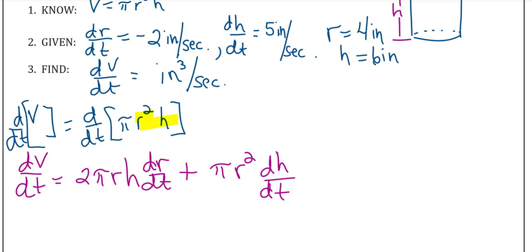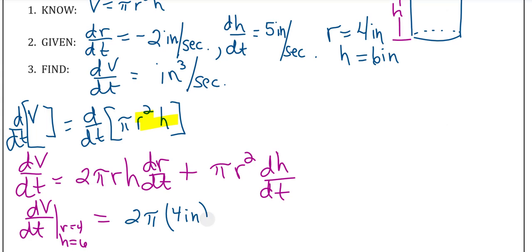All right, the nice thing for this one is we don't have to solve for everything. We can just fill in all our numbers. So dV/dt, when r is 4 and h is 6, becomes this equation. 2 times pi times 4 inches times 6 inches times my rate, which is negative 2 inches per second for the radius.